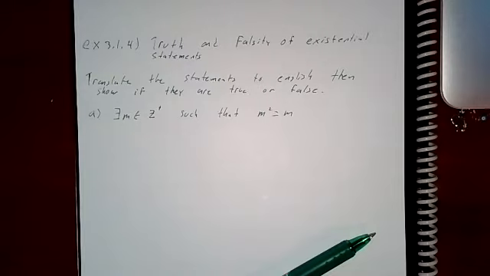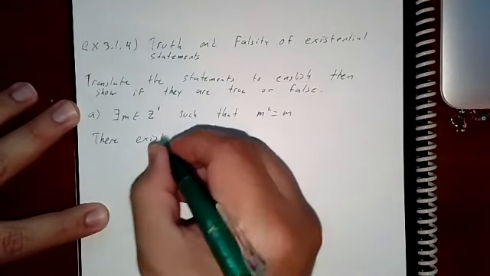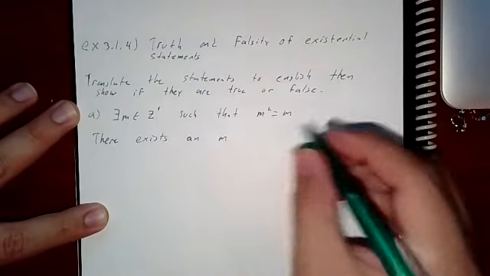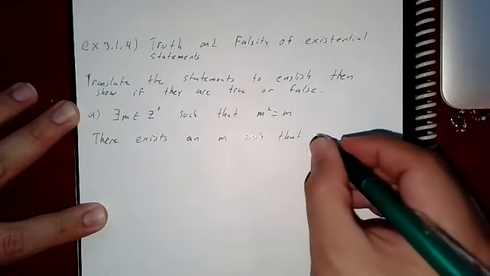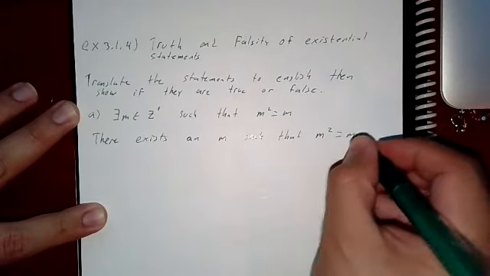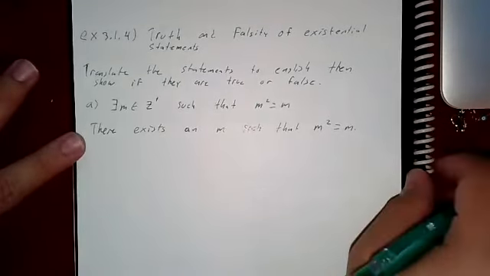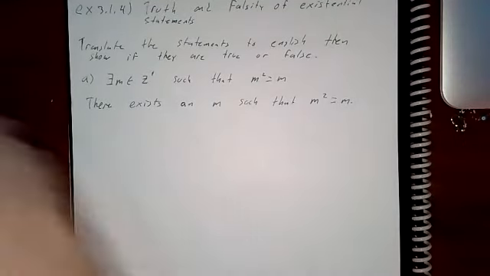Okay, so let's put it in English, right? Quick translation. So they'll have you do that in the homework as well. So there exists an M such that M squared equals M. Is that true? Well, remember we said for existential quantifiers, all we need is for one M to be true.